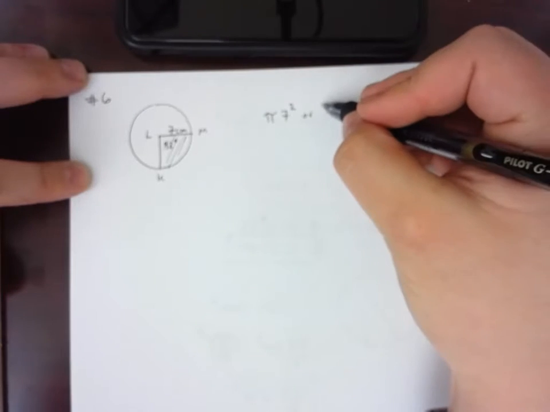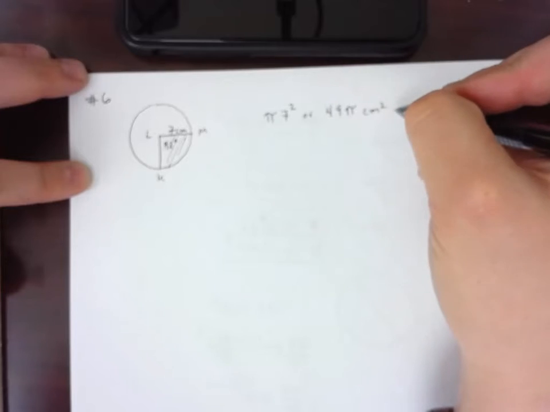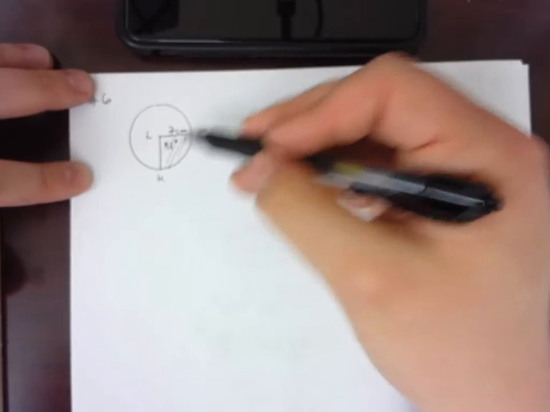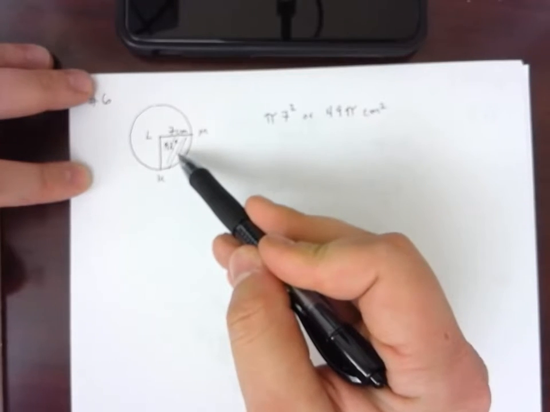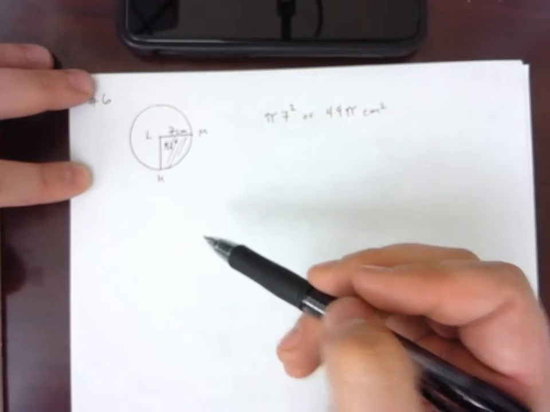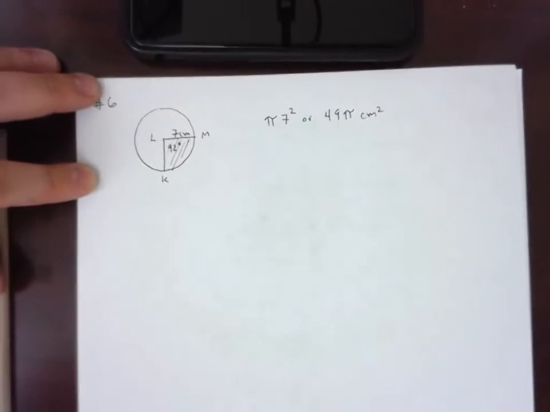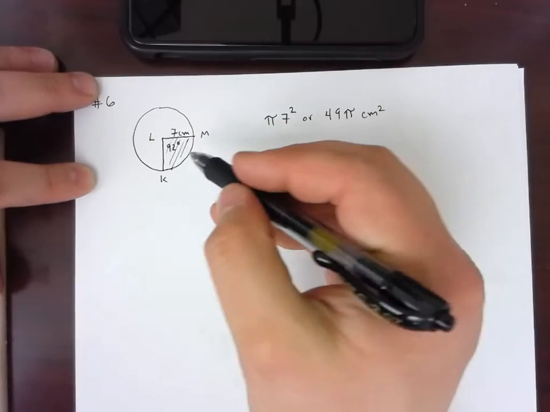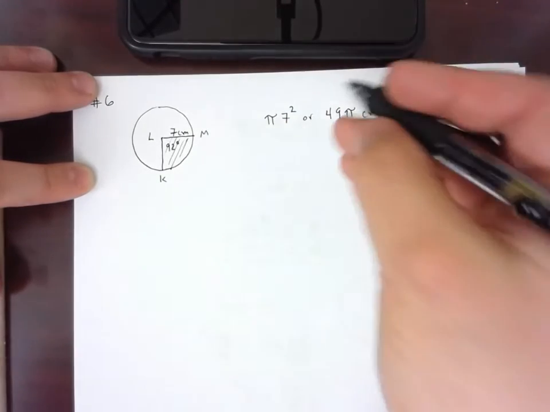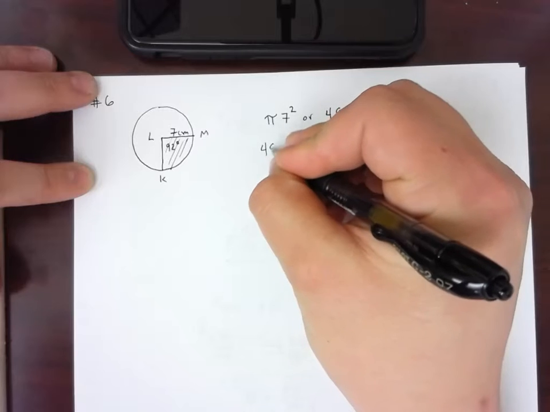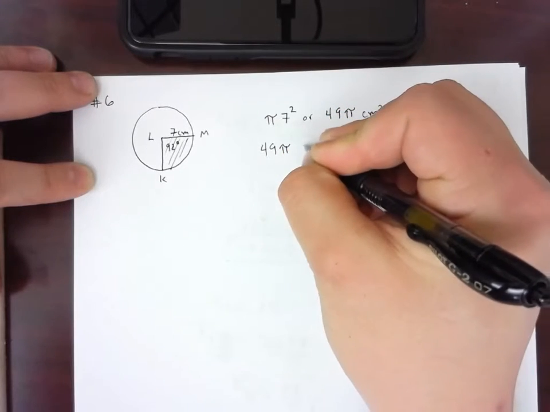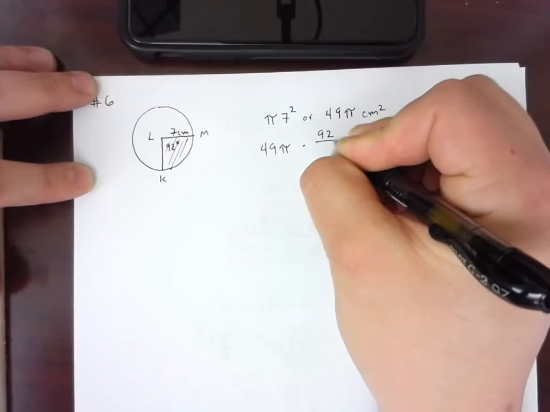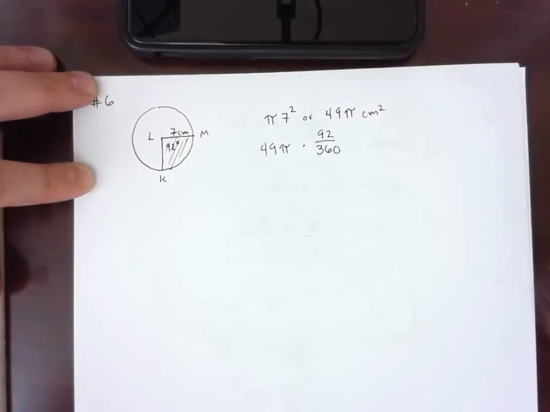So that's the area of the entire circle, but I only care about this portion, this 92 out of 360. So I'm only caring about the 92 out of 360, so I'm going to take the 49 pi and multiply that by 92 out of 360.